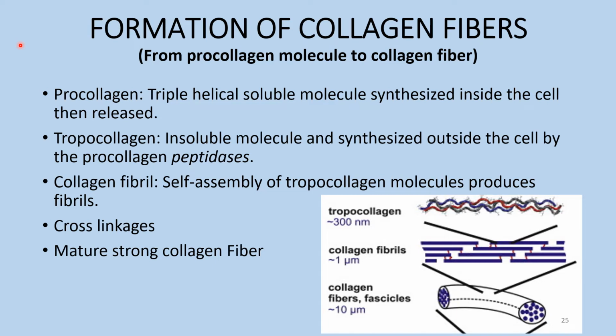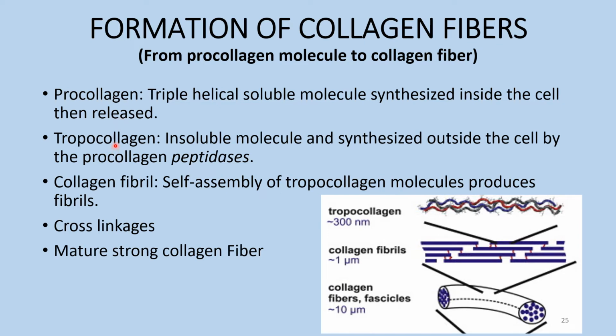Then there is formation of the triple helix, and a soluble molecule of procollagen, which is triple helical, is synthesized inside the cell. Procollagen is soluble because of the side polypeptide chains, which are water soluble, which have to be broken down. So the procollagen is released from the cell.